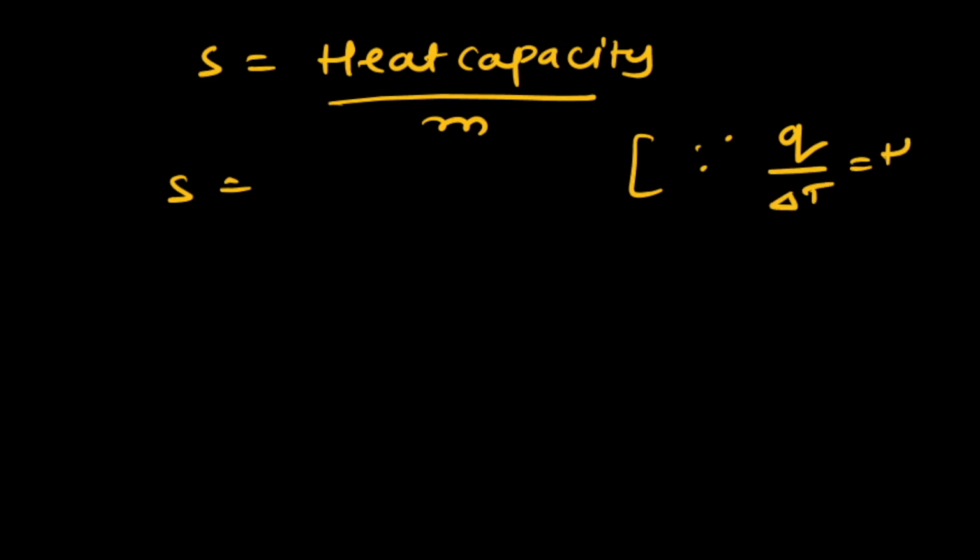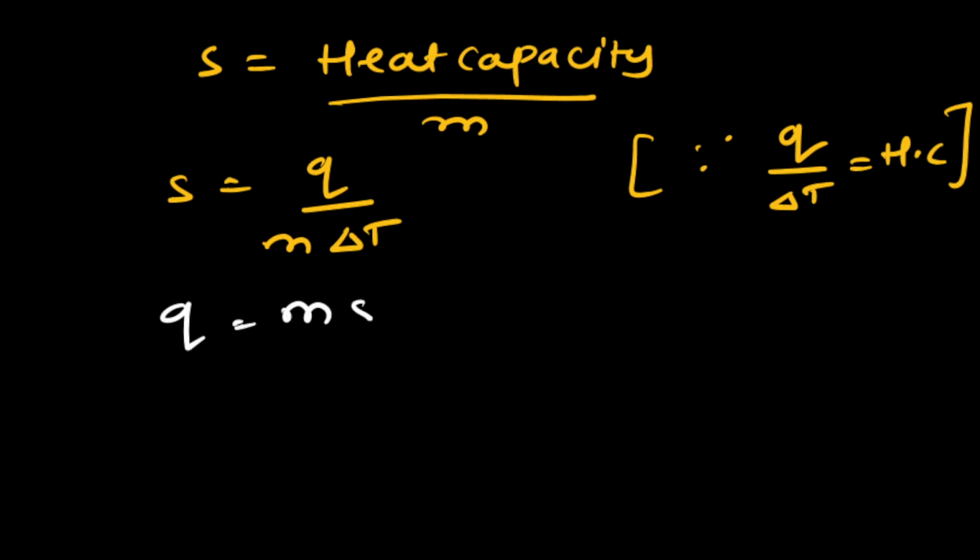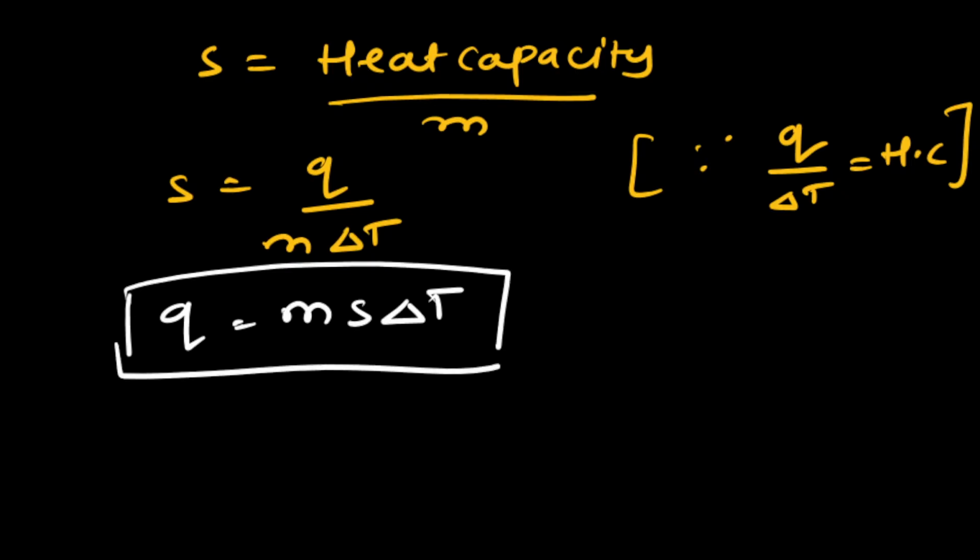So S is equal to Q by M into delta T. Now Q is equal to M S delta T. Clear? This is one important formula, it will play a very crucial role. This is the specific heat capacity formula.